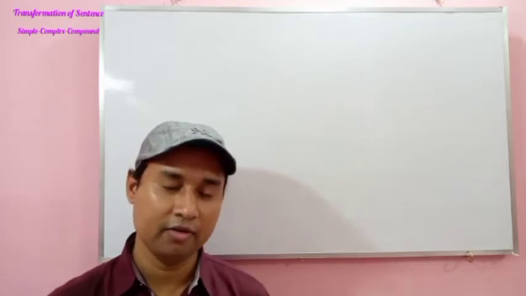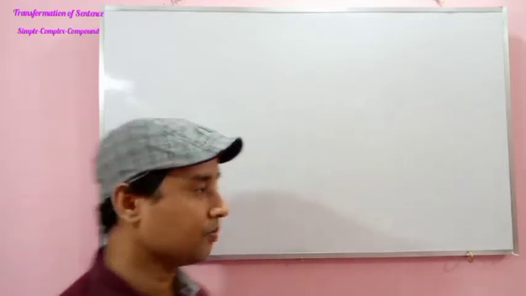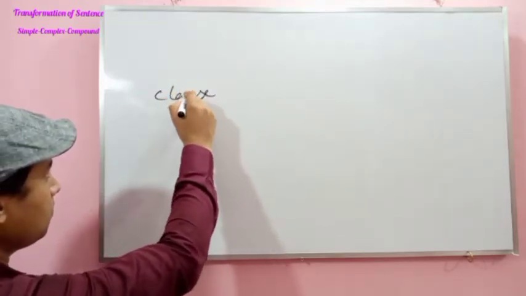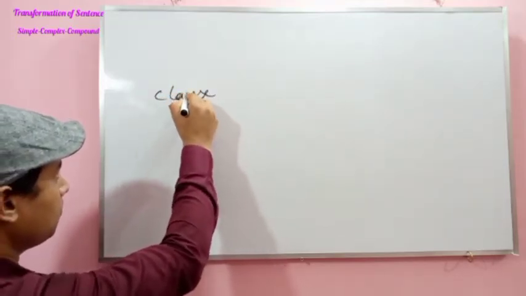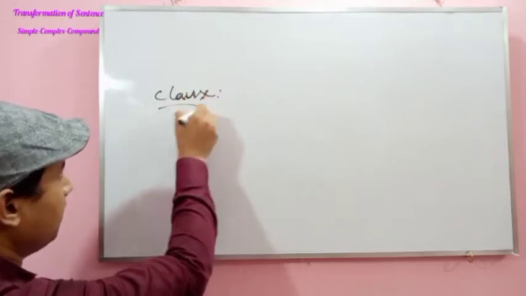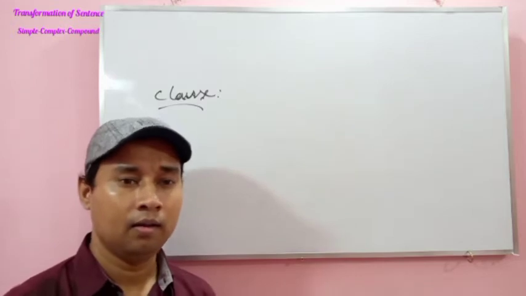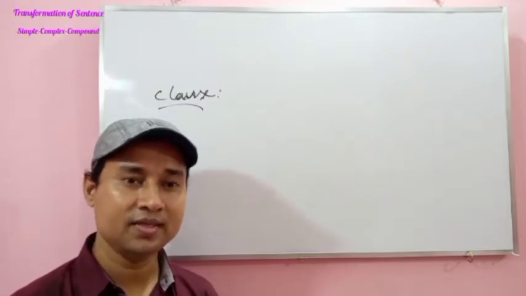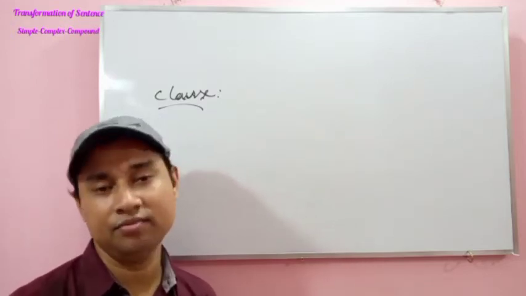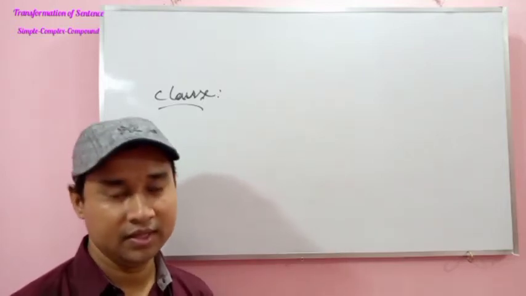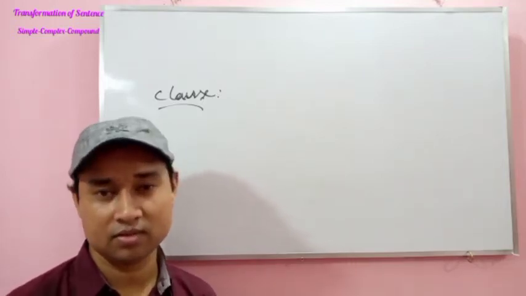Okay, at first I will discuss what a clause is. You know that a clause is a part of a sentence which must have a finite verb, a minimum of a finite verb, then a subject and others.